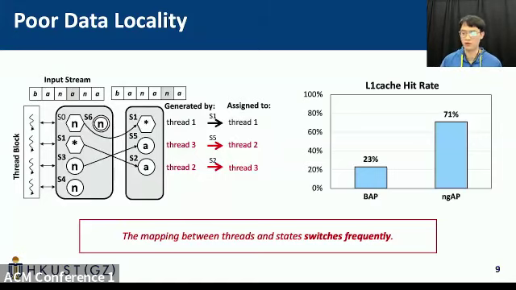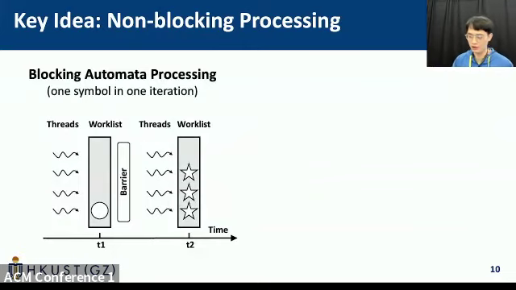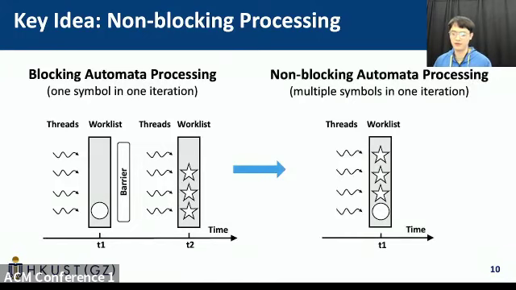So we found these challenges all share the same problem: the computation cannot be scheduled over different iterations. So our key idea is to allow threads to work on different symbols simultaneously. If the state in the worklist knows the symbol it needs to match, it doesn't need to wait for other states to proceed.